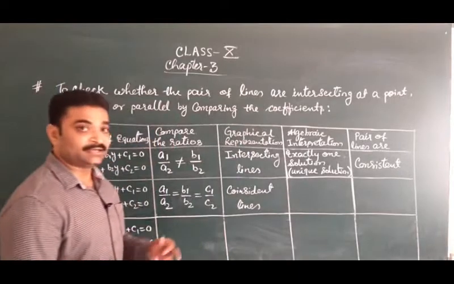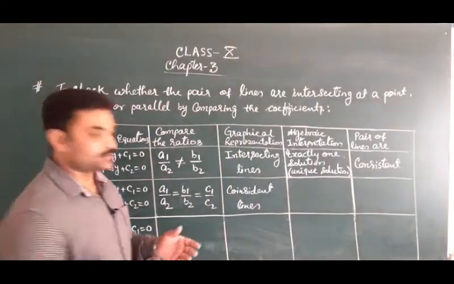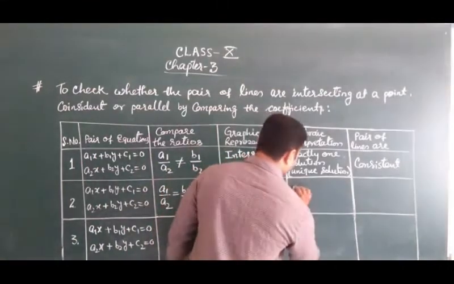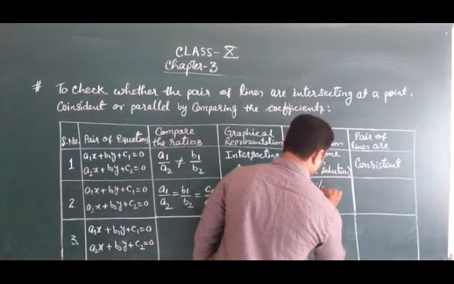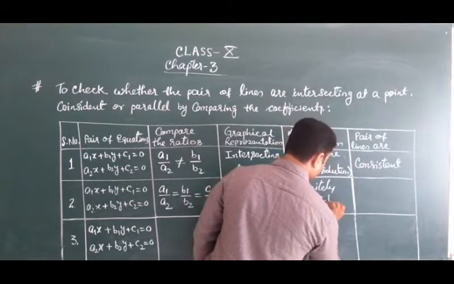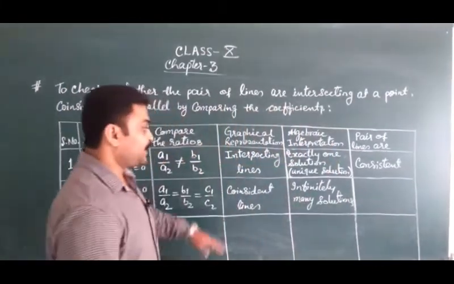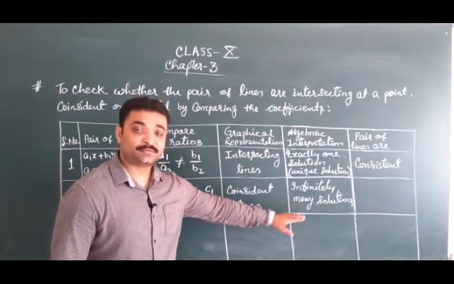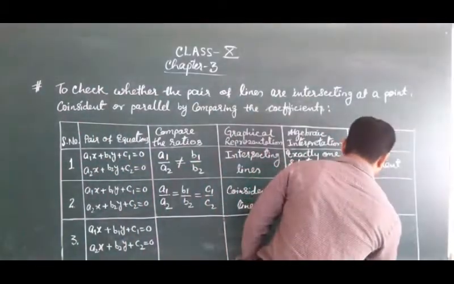And if two lines are coincident, we will get so many solutions, so here we can write infinitely many solutions. Clear? Here again we get solutions, but infinitely many, so we can say the pair of lines is consistent.